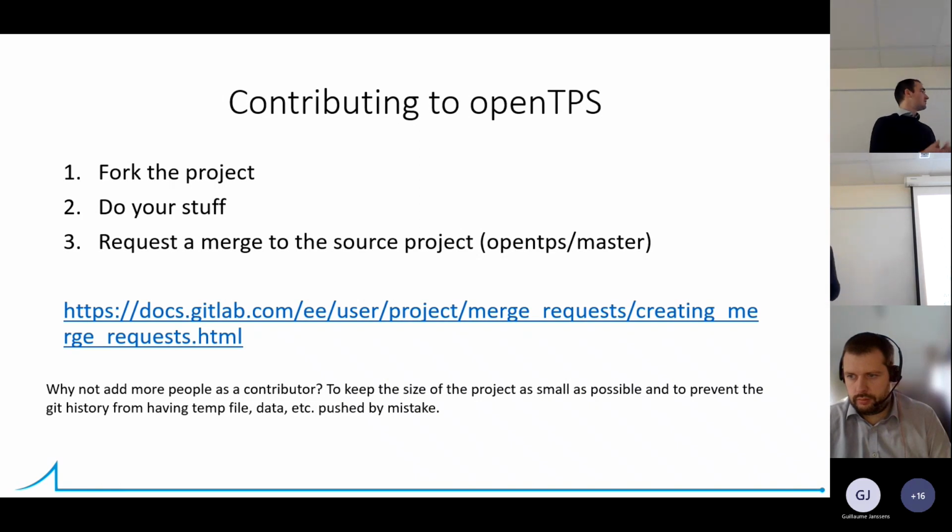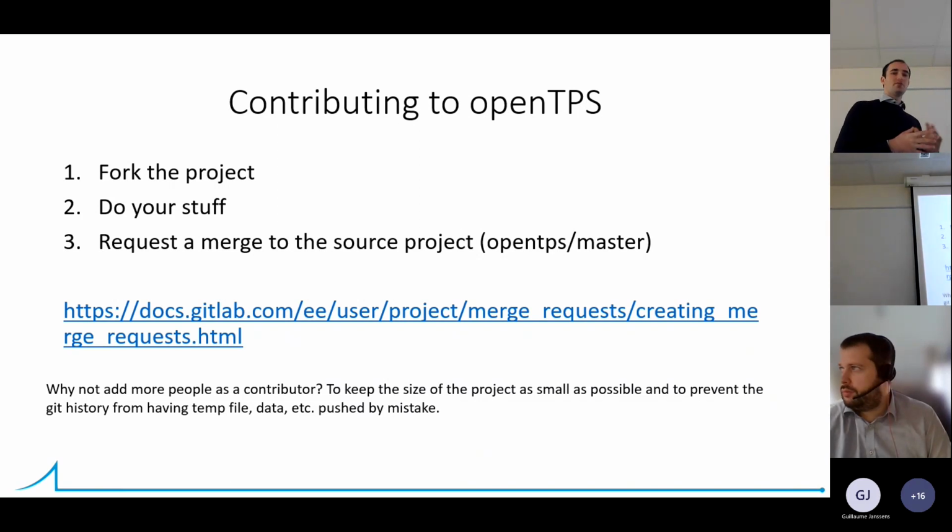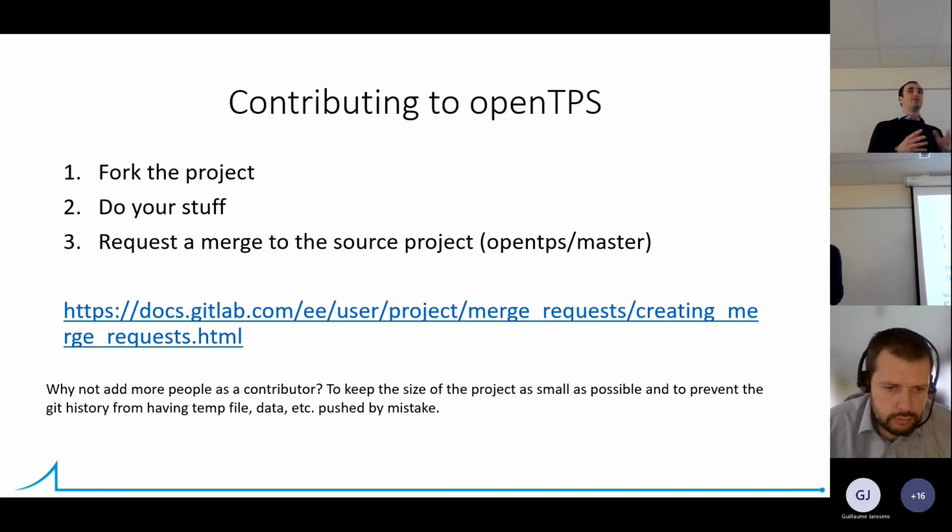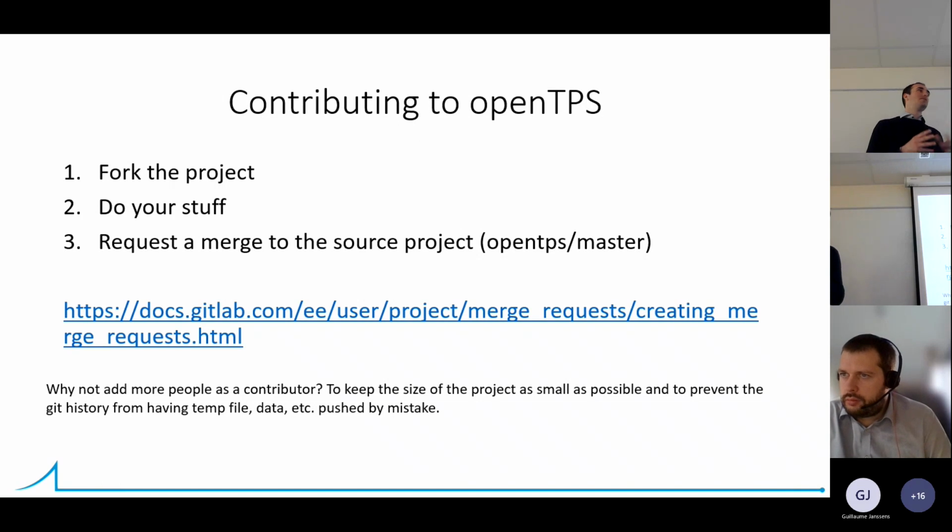There is plenty of documentation on GitLab. And there is a particular reason we don't want too many contributors to access the Git directly: we need to keep the size of the project small. We need to keep control, and especially we need to prevent things like temp data, temporary files, this kind of stuff, from being pushed to the Git by mistake.